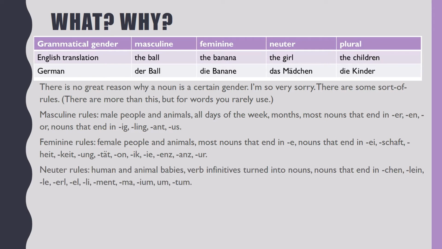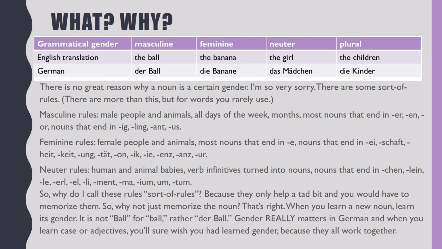Neuter rules include human and animal babies, verb infinitives turned into nouns, nouns that end in chen, lein, le, erl, el, li, ment, ma, and tum.